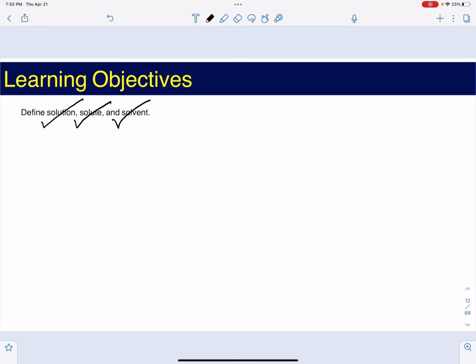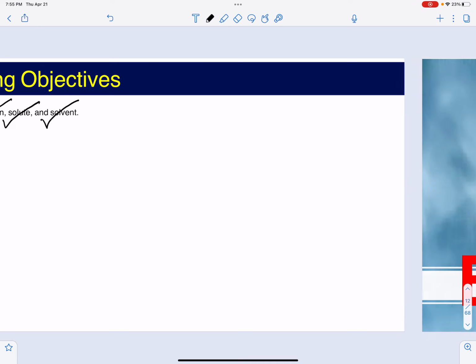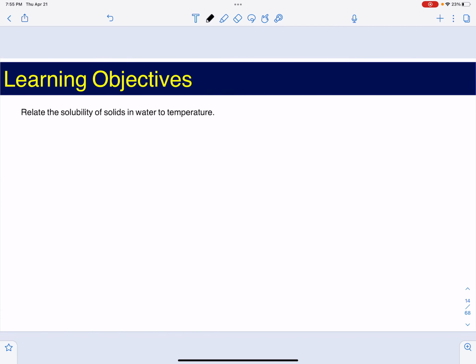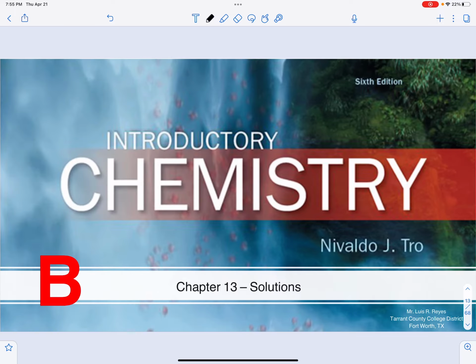So with that, I leave you there so you can practice some more before we move into the next topic, which is going to be the solubility of solids. So I told you how a solid dissolves. So how can we relate that to the temperature? That's what we are going to discuss once we come back.